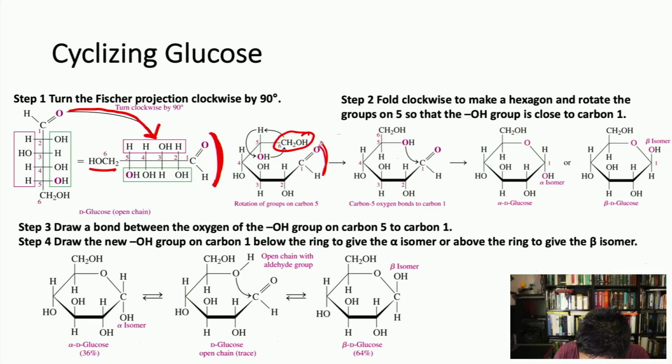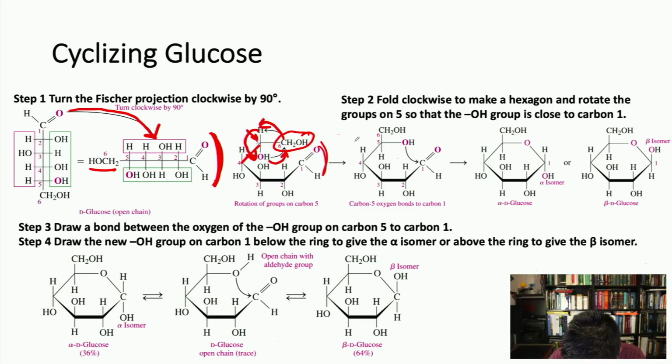Then you want to rotate it. This is a single bond right there, right? So the chiral carbon right here can rotate its bonds. So you want to rotate it so that the CH2OH group goes up here to where the H is. The H can then rotate to where the OH is, and then the OH rotates up to where the CH2OH used to be.